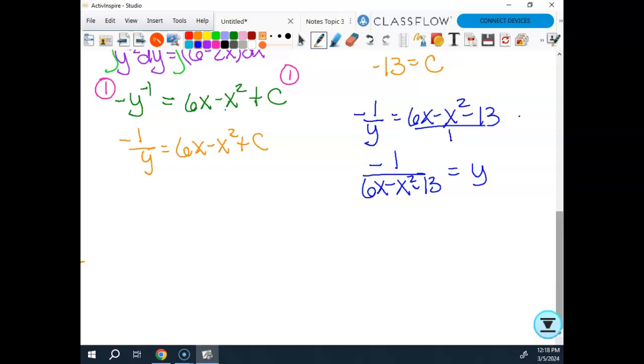Okay? Everybody okay with that? Yes. That's fine. So like you have y equals 1 over (-6x plus x squared plus 13). Yep, totally fine.